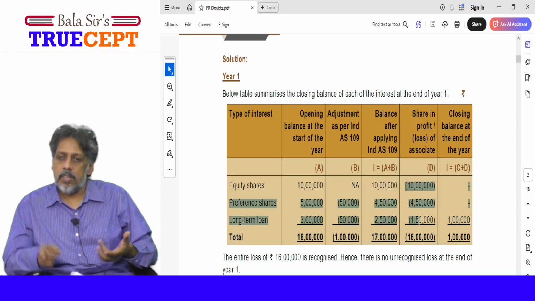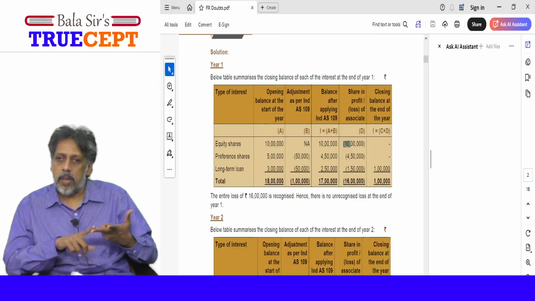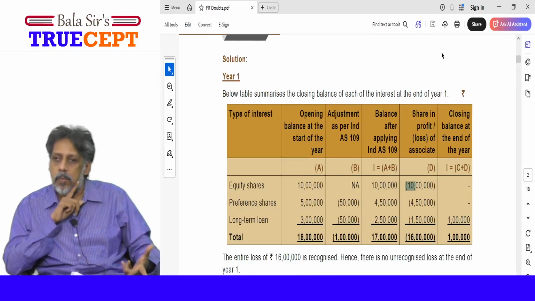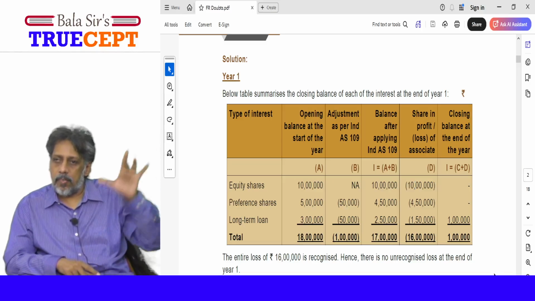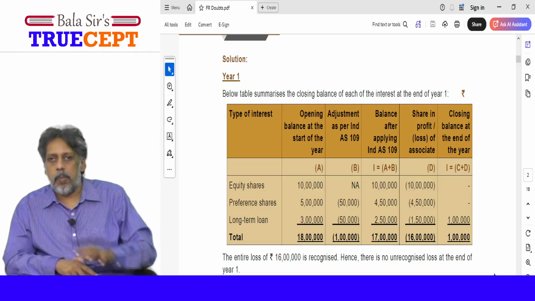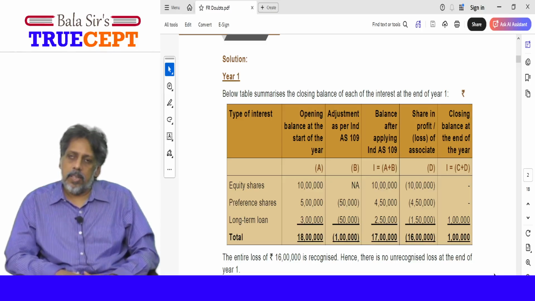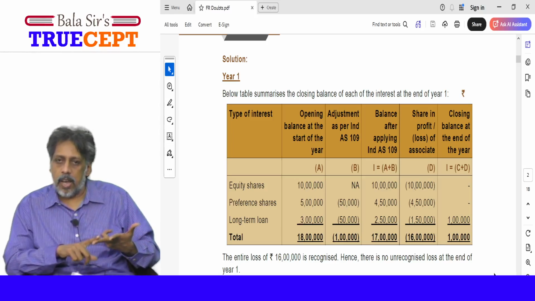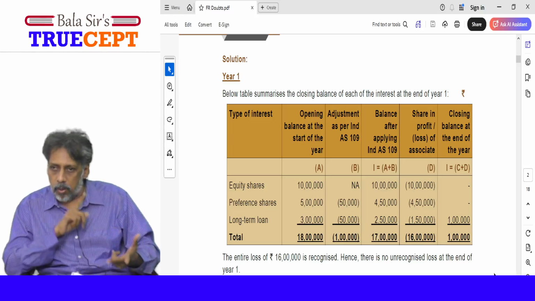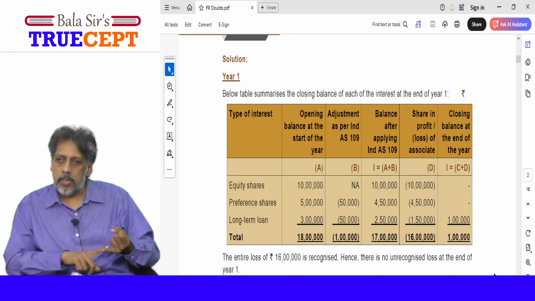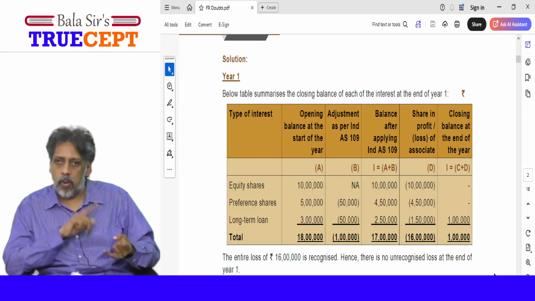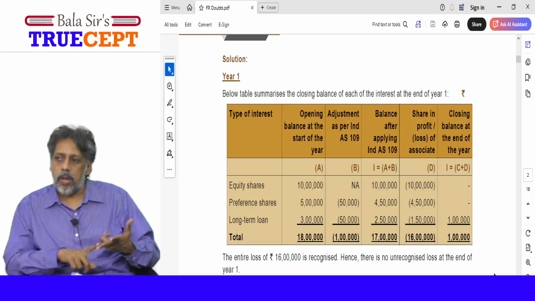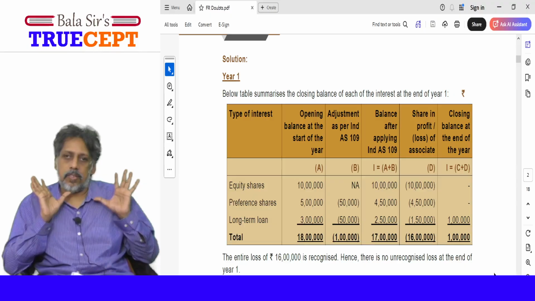What is the entry? Share of loss account debit to the long-term loan account. Is that fine? Yes, sir. 1 lakh 50,000 gone. What is the carrying amount? 1 lakh. Therefore, at the end of year 1, investment in associate, equity shares, is 0, and investment in preference shares is nil. Then long-term loan, how much? 1 lakh. That's it. That is for year 1.